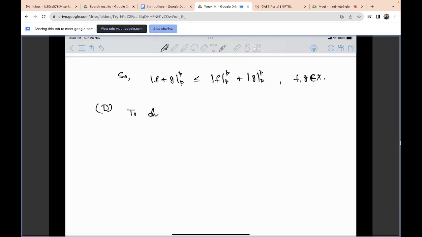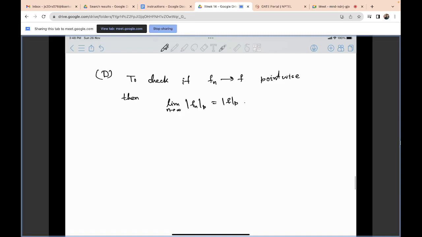So to check, if f_n converges to f pointwise, then the limit as n tends to infinity converges here. We'll show again that this is not true.